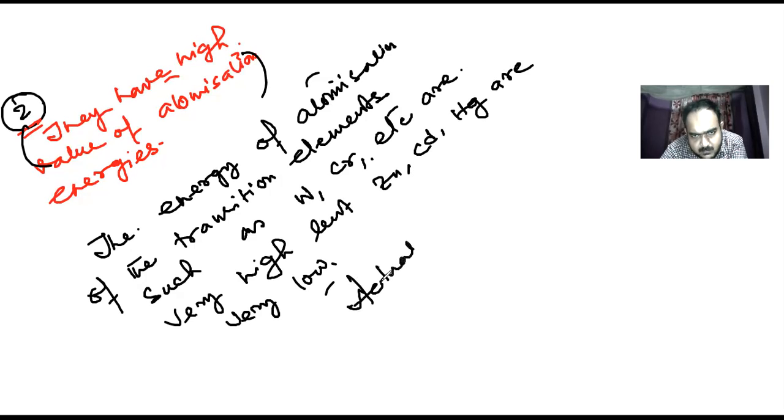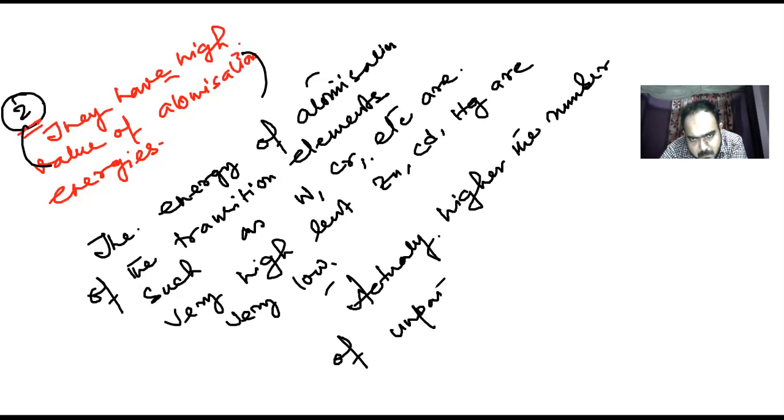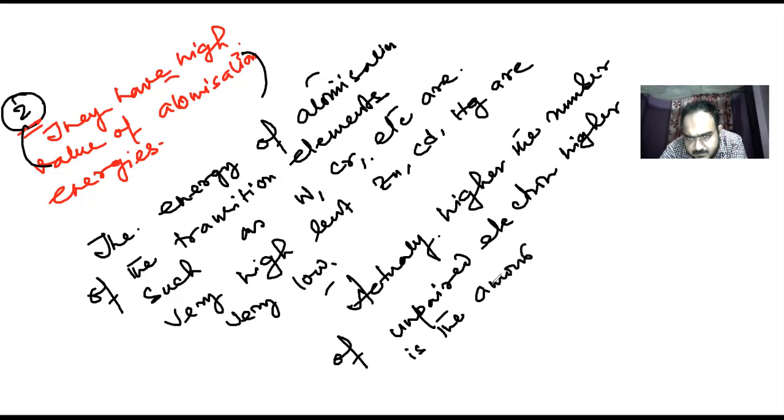Actually, the higher the number of unpaired electrons, the higher is the amount of metal-metal bonding.